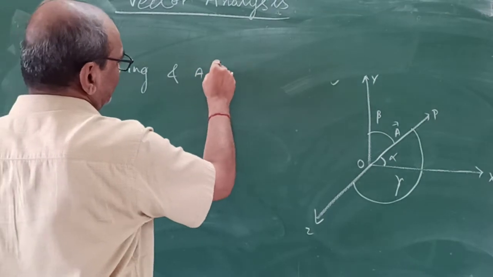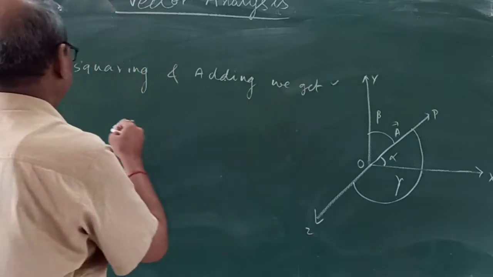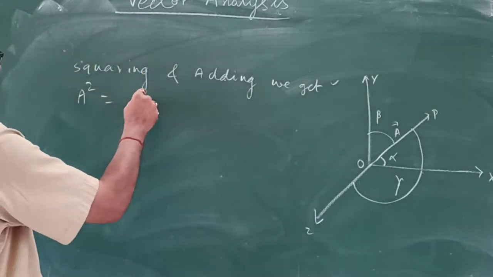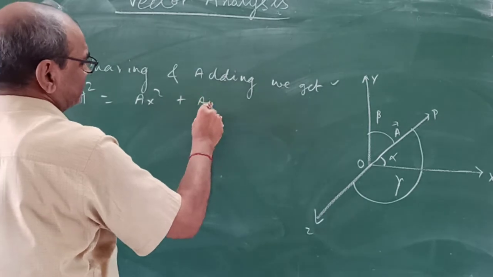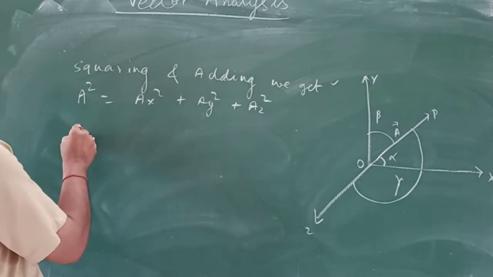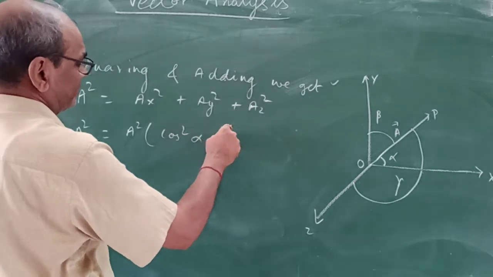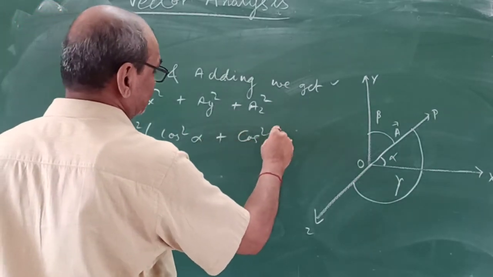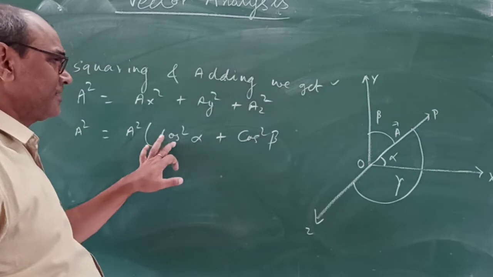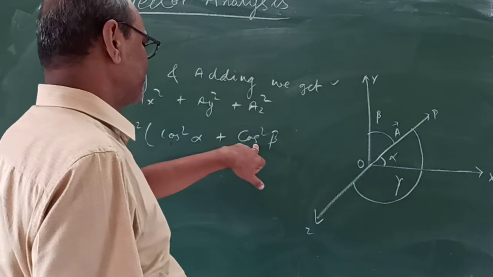Therefore, squaring and adding, we get a square is equal to ax square plus ay square plus az square. Therefore, a square cos square alpha, a step has been skipped, plus cos square beta, since ax is equal to a cos alpha, ay is equal to a cos beta, az is equal to a cos gamma.